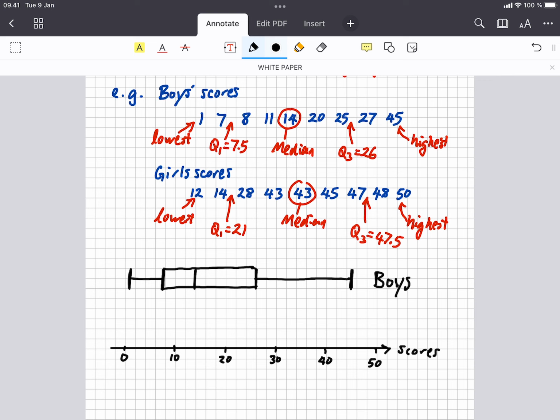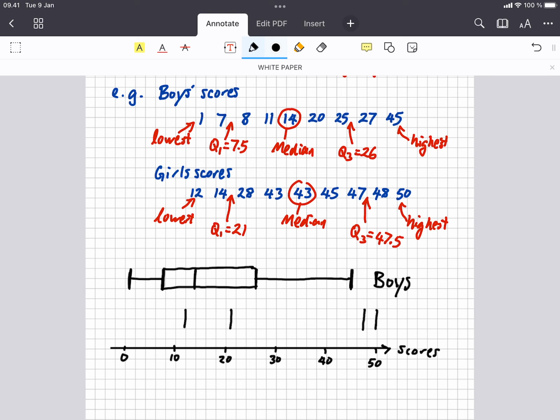Similarly, I can show the girls' scores. The lowest girls' score is 12. The highest girls' score is 50. The lower quartile for the girls is 21. The upper quartile for the girls is 47.5, which is about there.